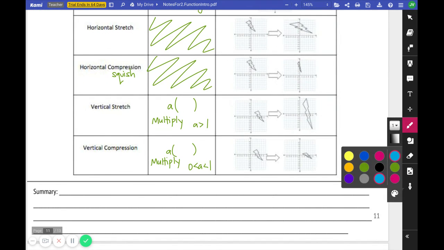Sorry, give me 1 second to write in blue. Adding or subtracting is for translations, which are our slides, right? Sliding left, right, up, or down. Anytime we do an add or subtract, that's what we're doing.